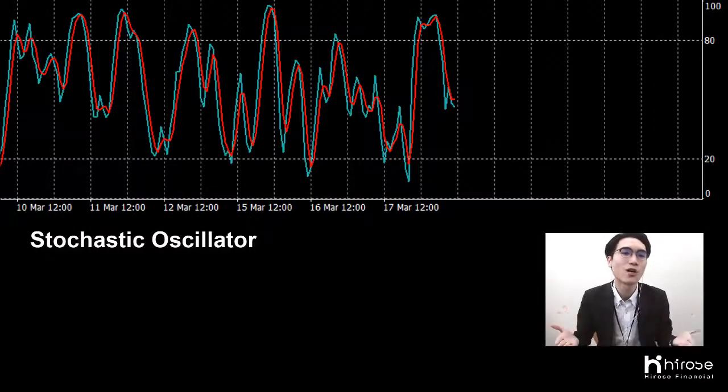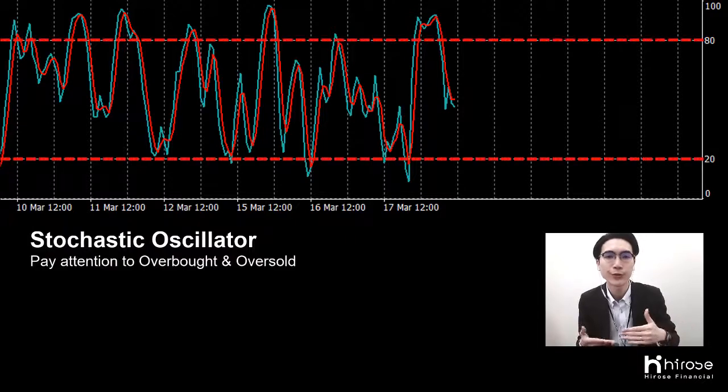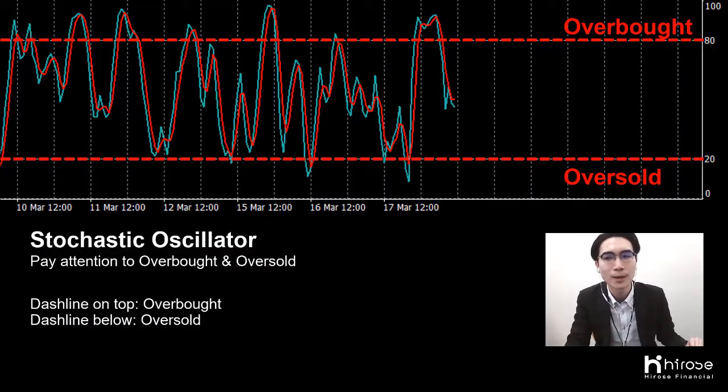Now we are looking at the stochastic. The trick for you to use the stochastic is to pay attention to the dashed lines on top and below inside the stochastic. These two dashed lines are called the overbought and oversold.